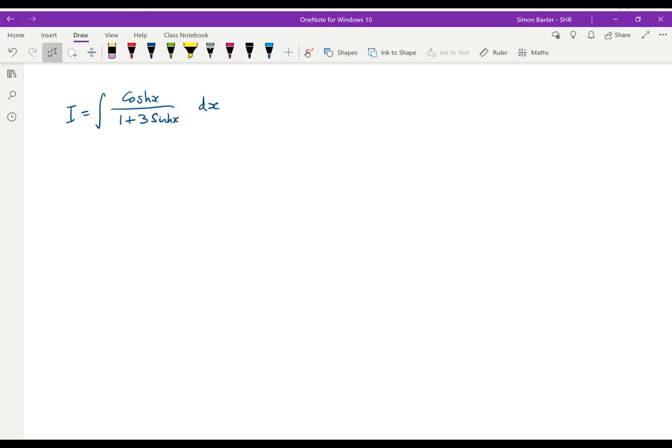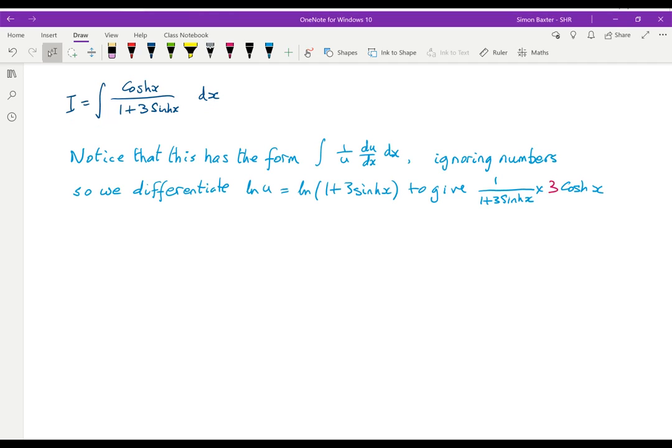It does have the form of the integral of 1 over u du by dx, if we ignore numbers. And so if we differentiate log u, which is log of 1 plus 3 sinh x, we get 1 over 1 plus 3 sinh x times, differentiate the bottom, 3 cosh x. And this tells us that our integral is equal to 1 over 3 log of 1 plus 3 sinh x plus c.